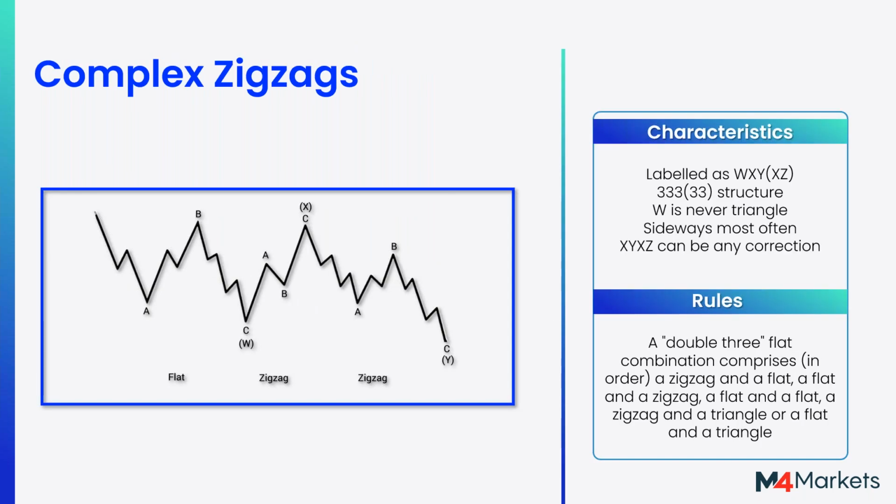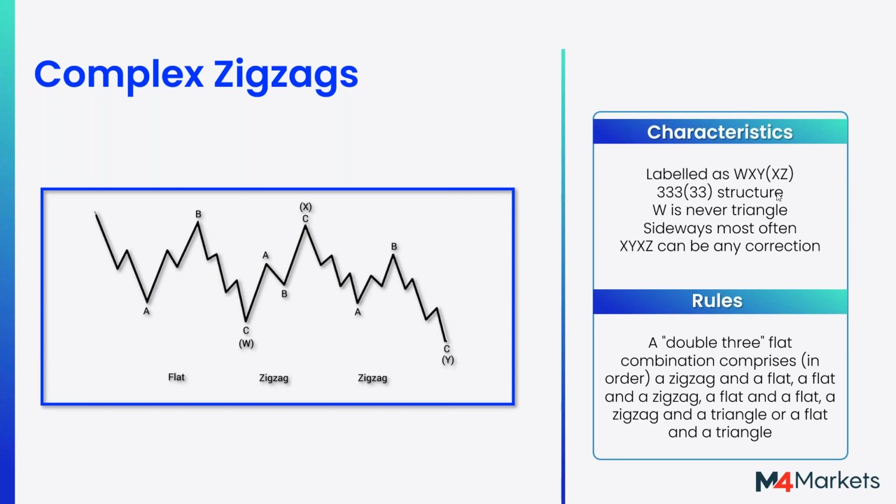Complex zigzags, just having a quick look here, for example, on a combination of a flat, zigzag and zigzag. You remember we said before that WX doesn't matter what it is, but when you have one zigzag and the other one is not a zigzag in W or Y, then you have a double three. Over here, you have an ABC, ABC, 1, 2, 3, 4, 5, very easily identified as a flat, a combination connected with an intervening zigzag and a zigzag at the end of this.